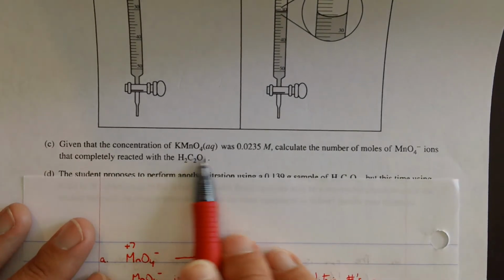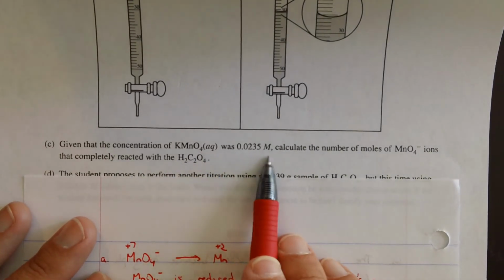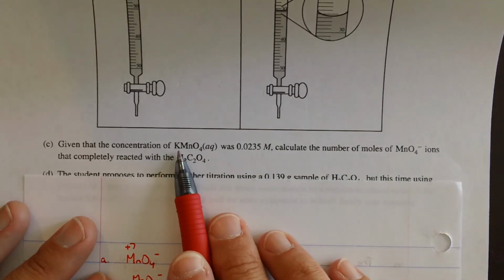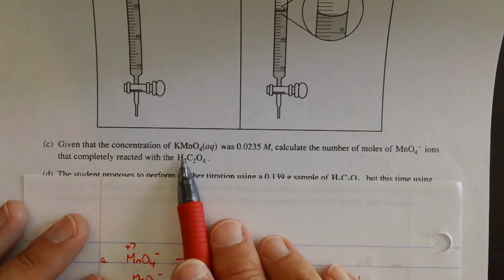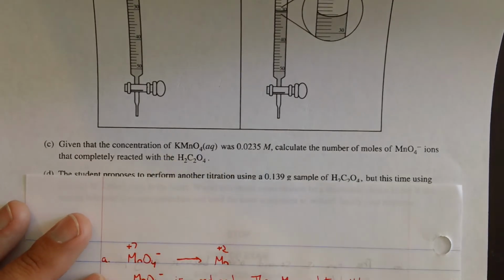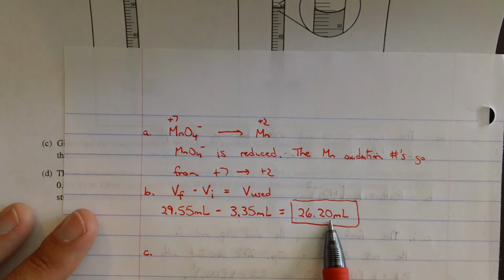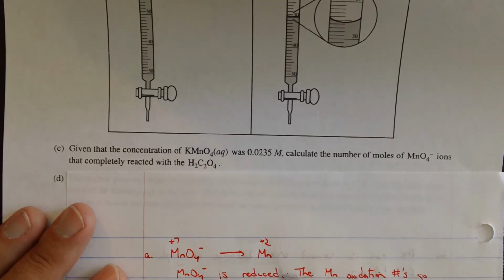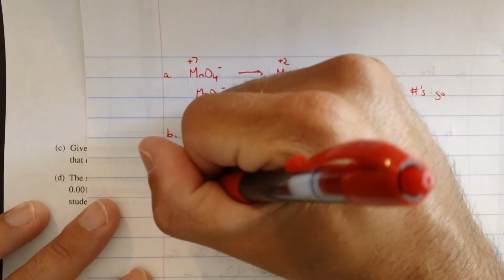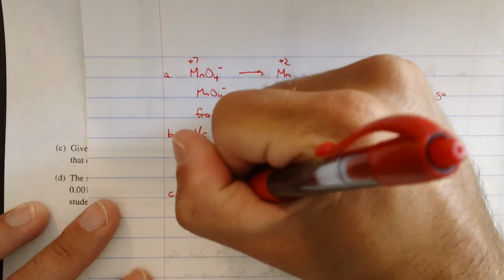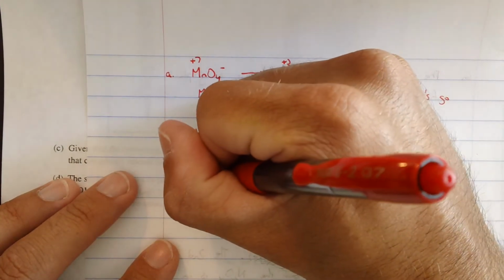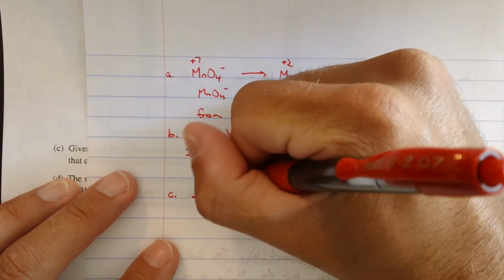Given that the concentration of permanganate that was added was 0.0235, calculate the number of moles of permanganate. Don't get confused because the potassium is there, right? The potassium is a spectator ion, so we're ignoring it. They gave us the molarity of the permanganate. We have the volume of the permanganate, and so if we do the 0.0235 that they gave us, 0.0235 molar, you can write molarity times volume equals moles, that's fine.